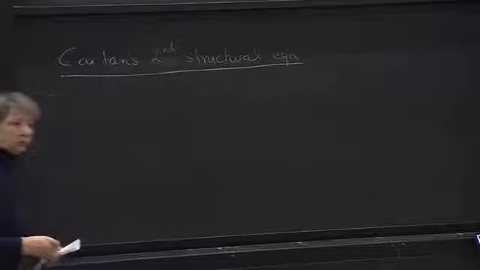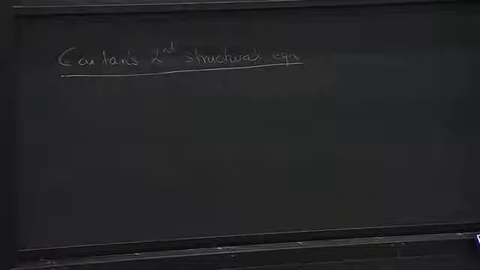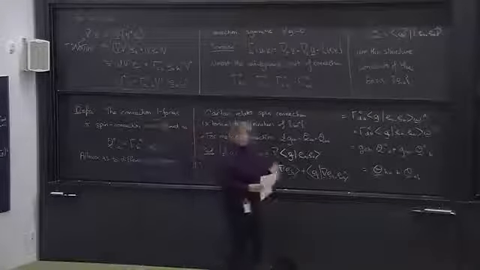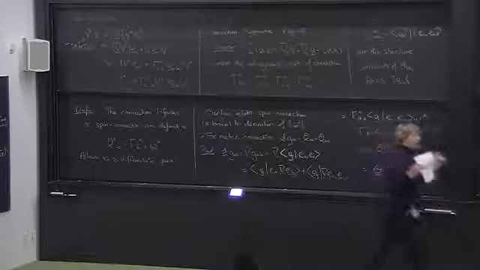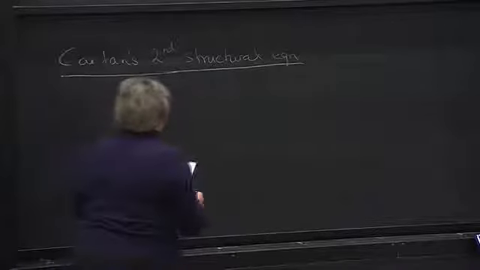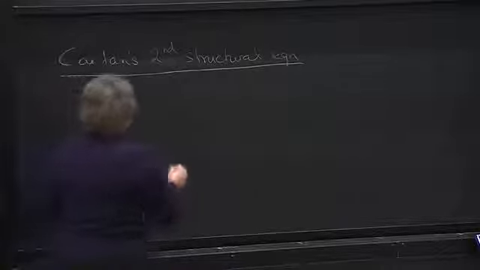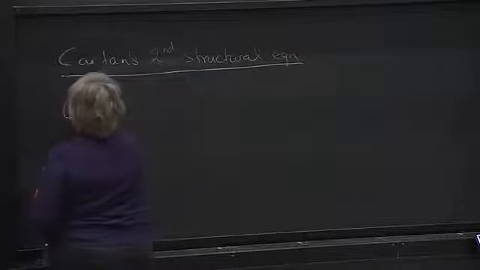I'm claiming that you can find connection components by taking derivatives of the basis one forms. And so what I want to do is get a definition of curvature in terms of derivatives of the spin connection. Because the spin connection is a one form, I have to define a curvature 2 form.